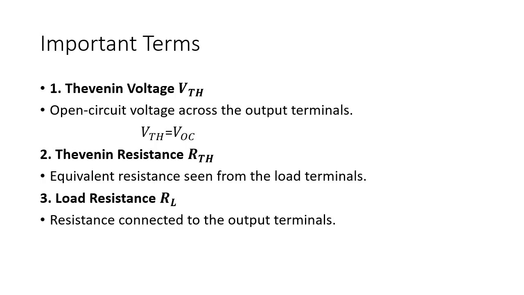For the Thevenin's resistance RTH, it is the equivalent resistance seen from the load terminal; across the load terminals, the equivalent Thevenin resistance RTH will be seen. Next is the load resistance RL, which is connected across the output terminal. So these are the basic terms used for the Thevenin's equivalent circuit.